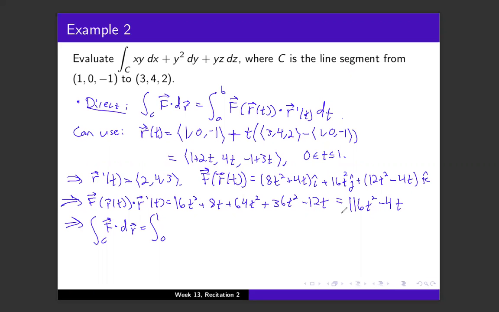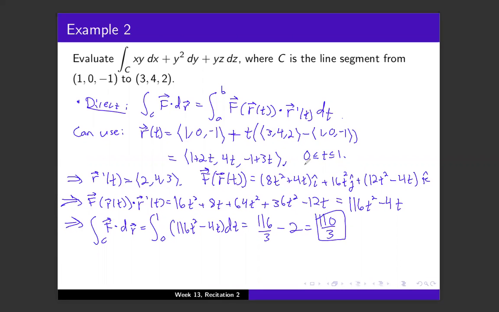So it's exactly what we want. Okay, and you plug in the new integrand that we just found. So that's the integral of 116t squared minus 4t dt. What's that going to become? 116 over 3 minus 2. Or if you prefer, and you should prefer, 110 over 3.